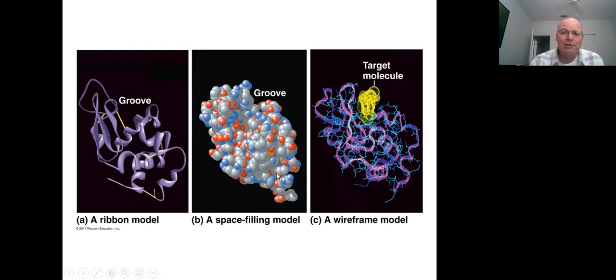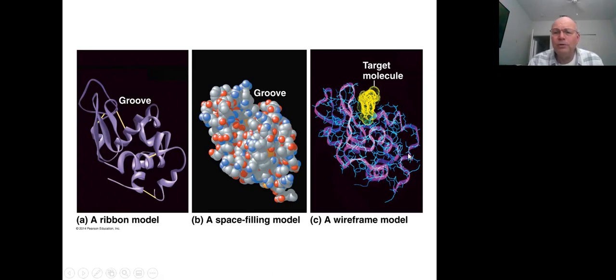The space-filling model shows you each of the individual atoms and the space occupied by each of the atoms that compose the polypeptide. It's a little bit harder to see some of the intricate detail here, but it gives you an overall idea of the three-dimensional shape of the polypeptide.